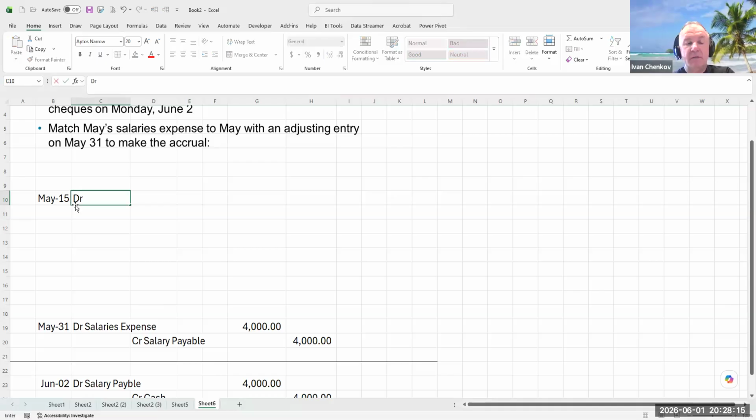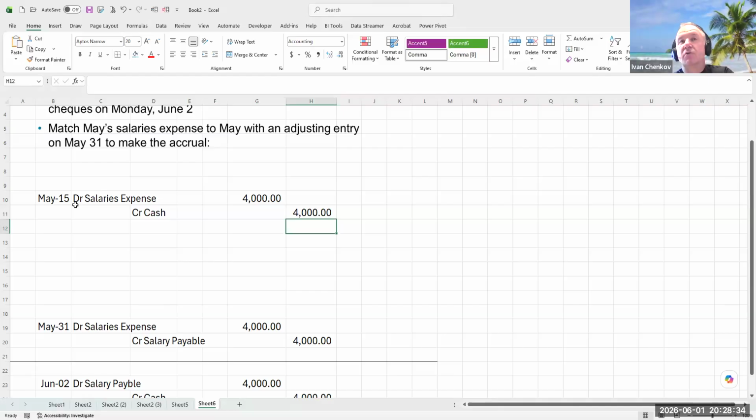We did debit salaries expense, $4,000, and then we credit cash, $4,000. Why? Because I'm paying them right away. In the middle of the month, the transaction happened.